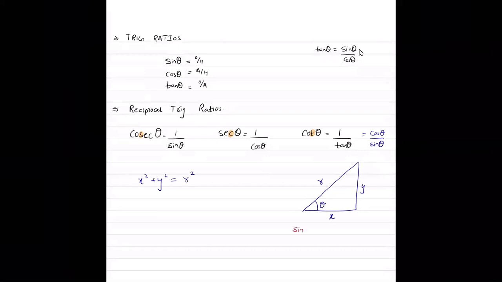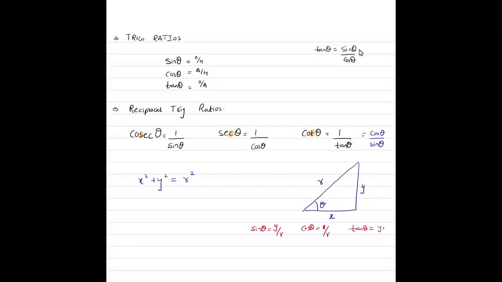What is sine theta going to be equal to? Y over r. Cos theta, x over r, and tan theta would be equal to y over x.